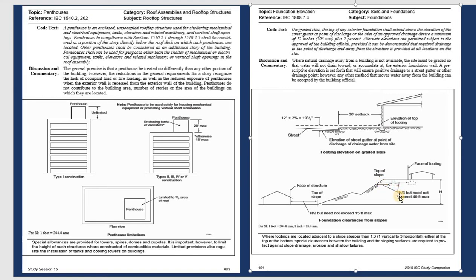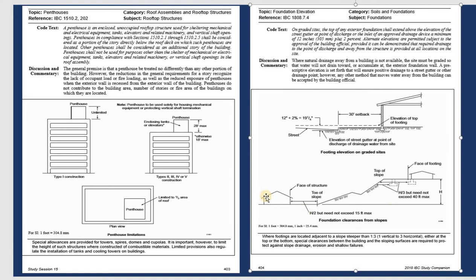They allow x over 3, that means the height divided by 3. But if it exists, if it's more than 40 feet, we cannot allow that. So maximum is 40 feet plus h over 3 from the face of the footing to the slope. And you can see that the distance right here from the face of the footing to this one is h over 3.